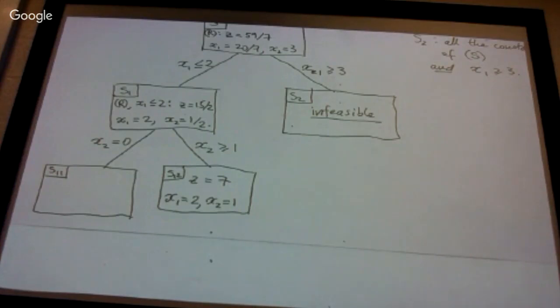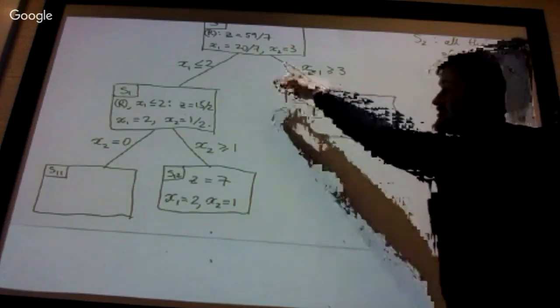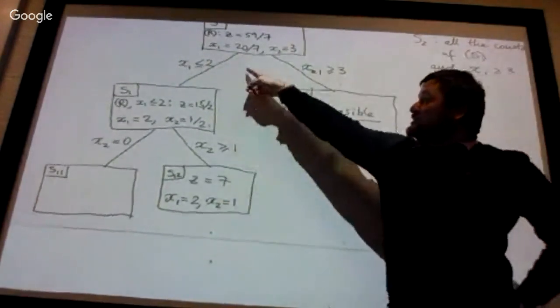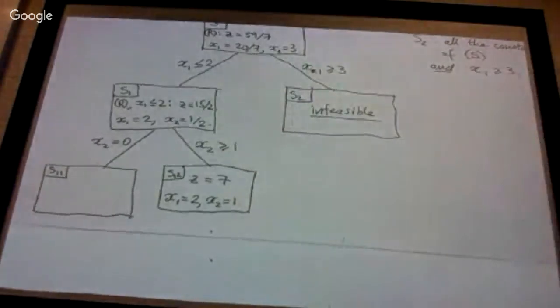So now we don't have to branch again, because we've already found a solution that is all integer. So in this case, we know what the optimal solution is.